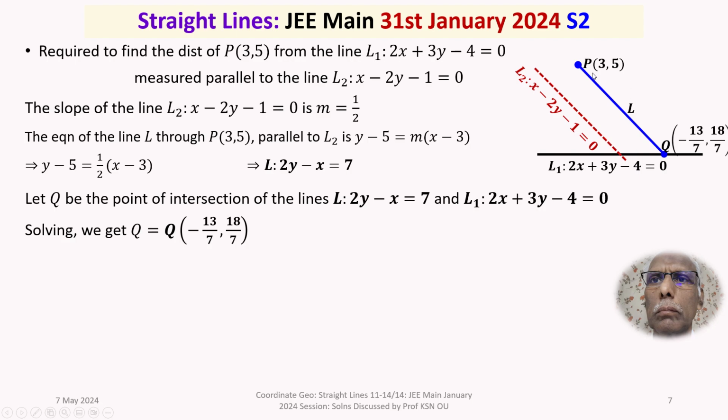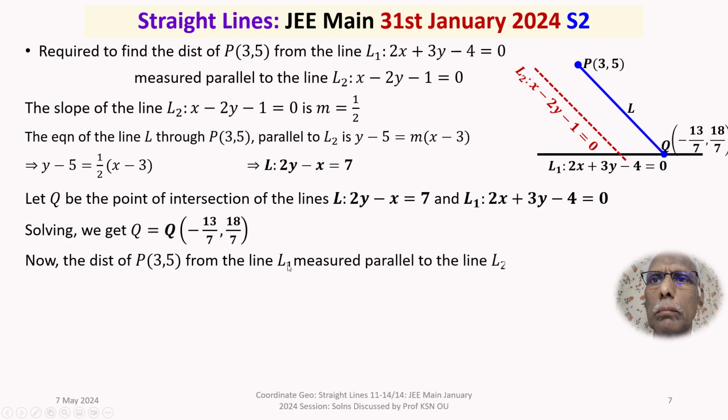The distance of P (3, 5) from the line L1 measured parallel to L2. Agreed. Now the distance of P (3, 5) from the line L1 measured parallel to the line L2 is PQ.